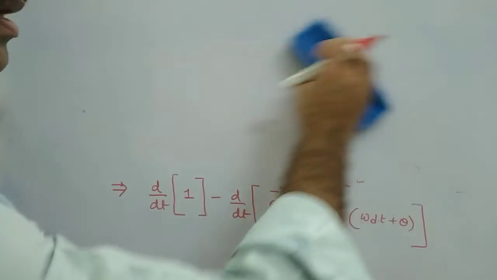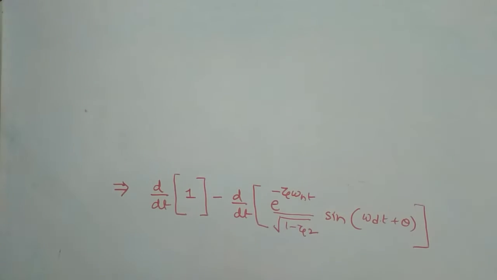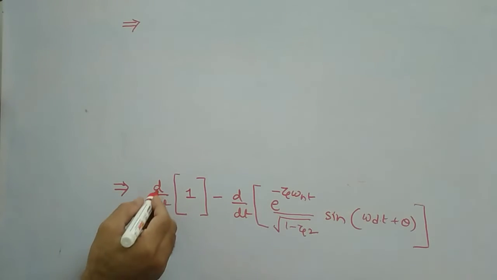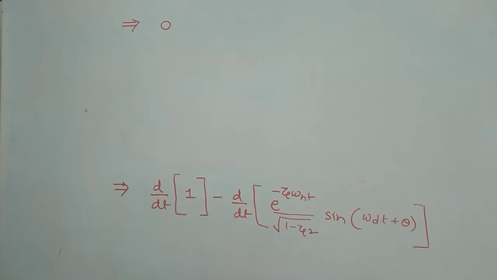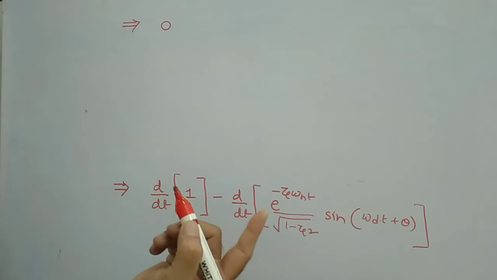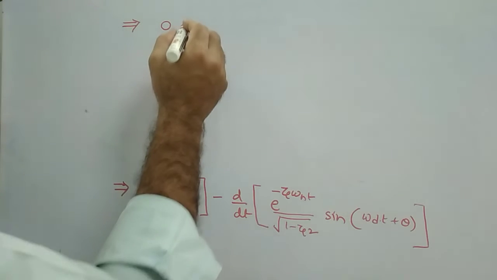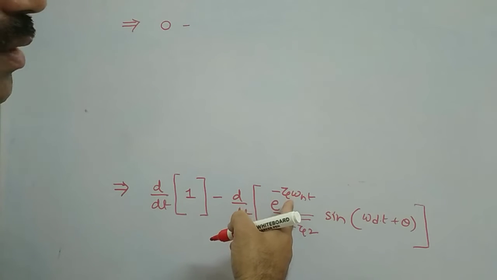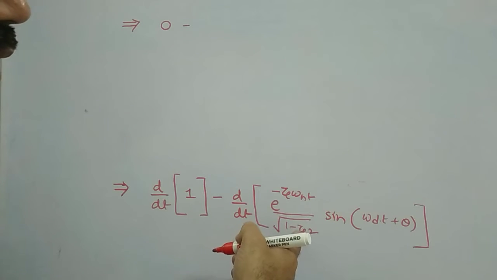What will we have in the next step? This implies d by dt of 1 is obviously 0, because the derivative of a constant is 0. Then it is minus d by dt of e power minus zeta omega t by square root of 1 minus zeta square into sine.